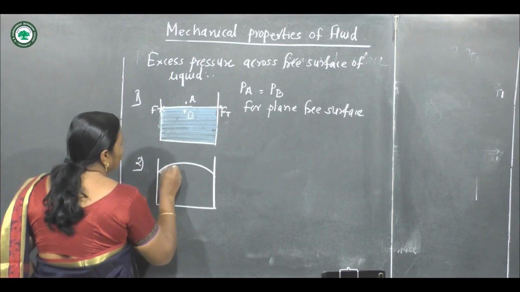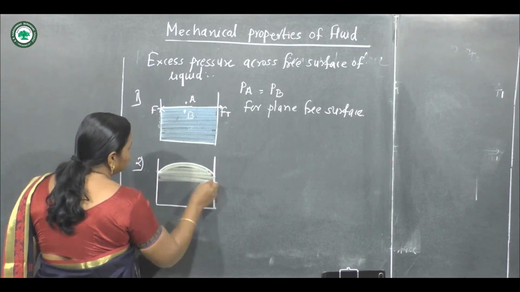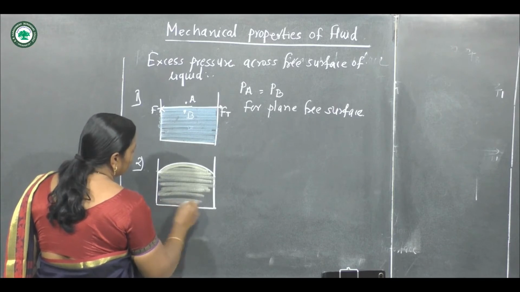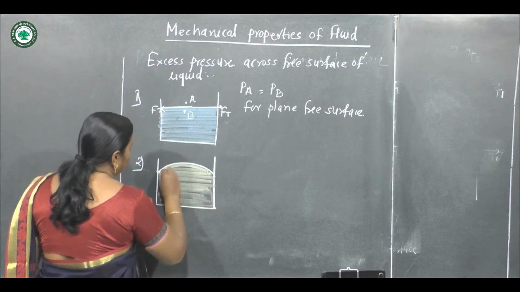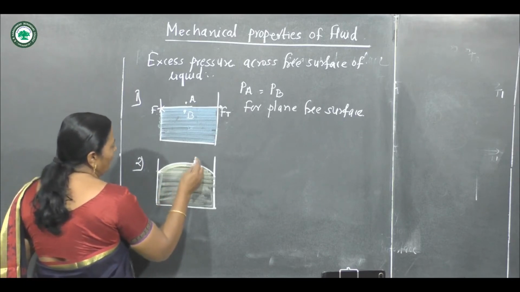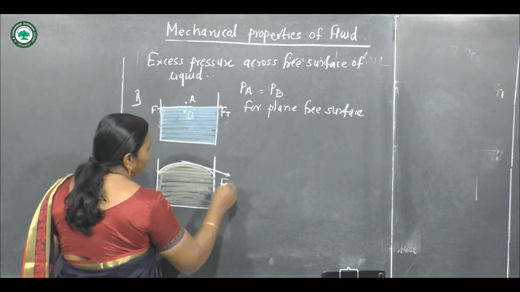For example, we consider here mercury. The free surface of liquid is convex, and see here, this is the force of surface tension.